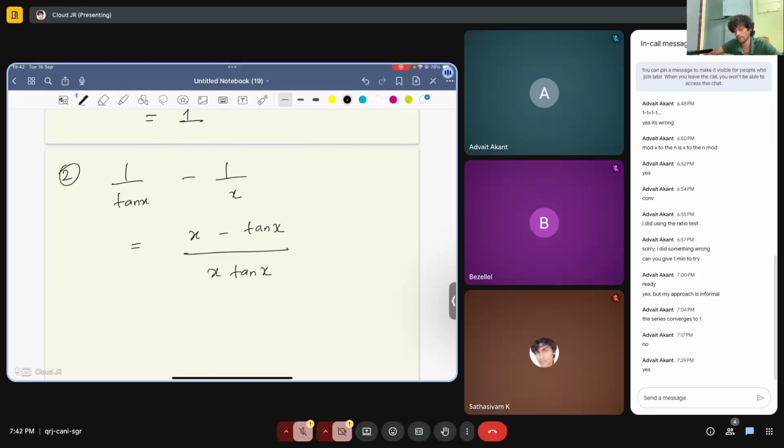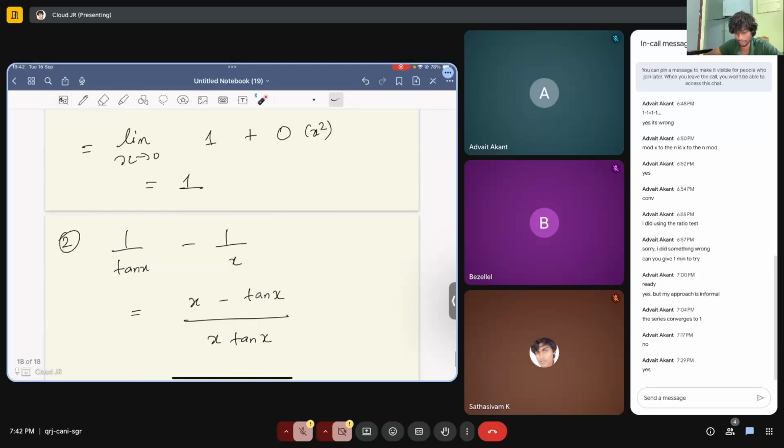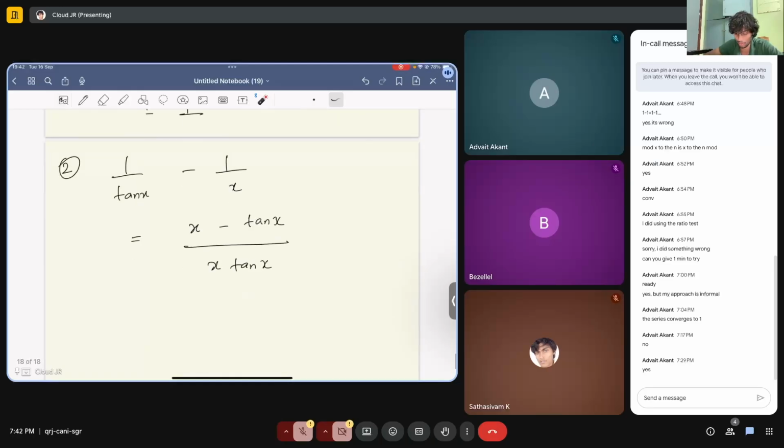Now you apply the Taylor series for both of these, and then play around. You will get the answer. I'm not going to do the problem, but if you play around sufficiently, then you will get it.